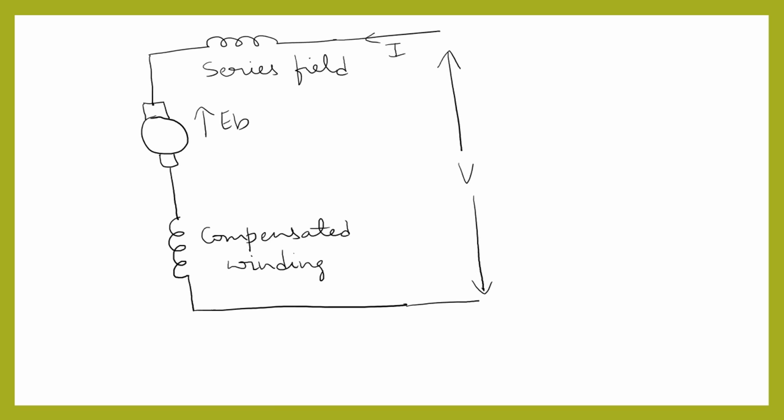So this is the circuit diagram of the AC series motor when connected with the compensating winding in series with it to reduce the armature reactance drop. And the phasor diagram for this circuit we see in the next slide.